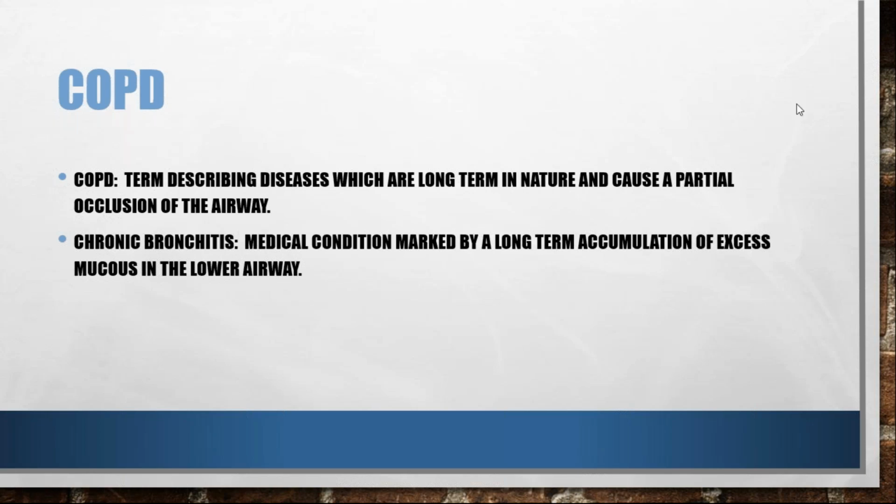So this is going to be a long-term condition, and there's a continuous buildup of mucus in the lower airway. And then also when we're diving into our medical terminology, chronic being long-term, bronchitis, that is going to be the inflammation of the bronchioles. So for this individual who suffers from chronic bronchitis, they're going to have that mucus buildup, and then also their bronchioles are going to be constricted.